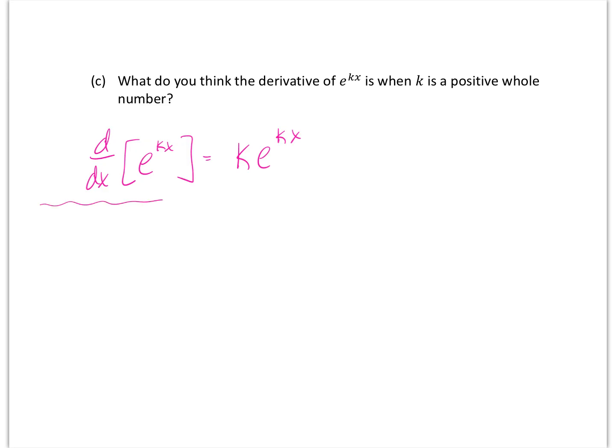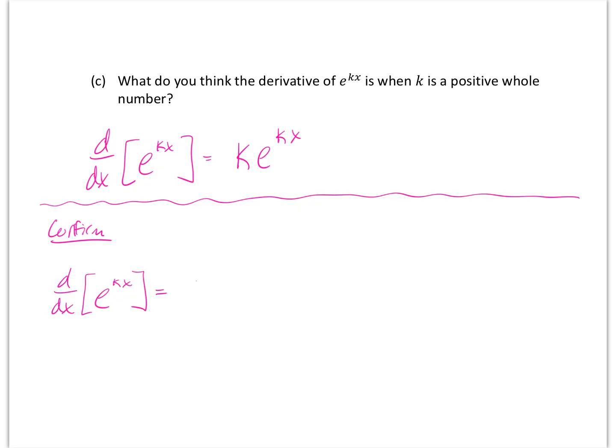We could confirm this using another method. Trying to confirm here, the derivative of e to the kx, I could rewrite that as the derivative of e to the k to the x.